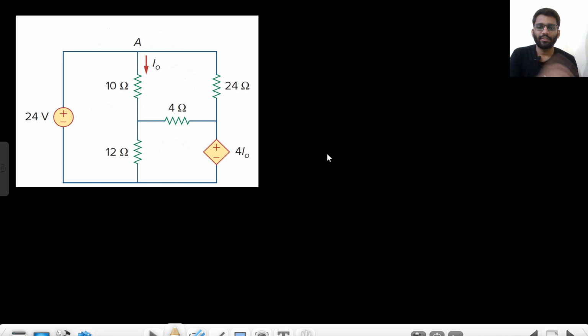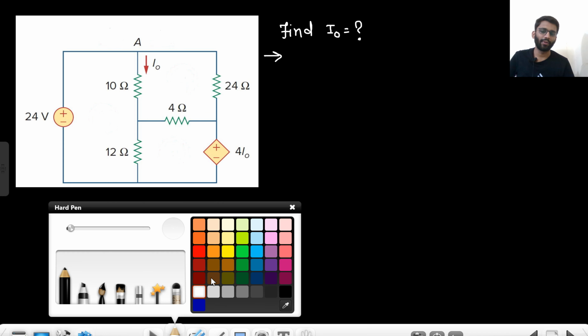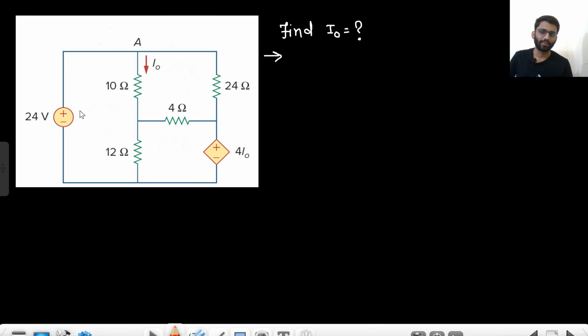Okay, so in this question you need to find the value of I0. Try doing it on your own. It may be calculative, but you can do it on your own. There will be 3 loops: I1, I2 and I3.